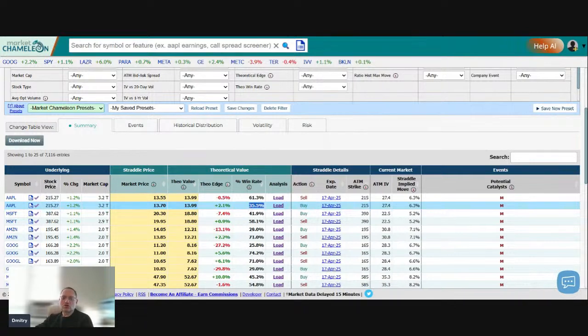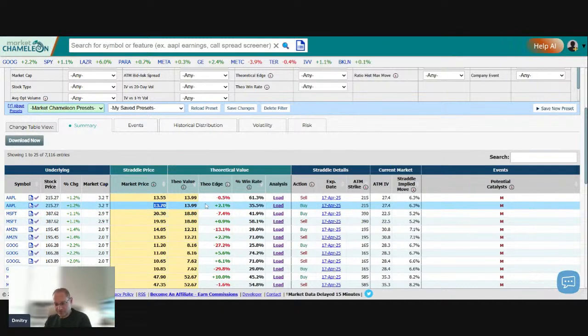In addition, we have this win rate. The win rate is saying, well, how frequently in our observations did the straddle end up above or below? So in this case, if you're buying it, it'd have to be above 13.70.